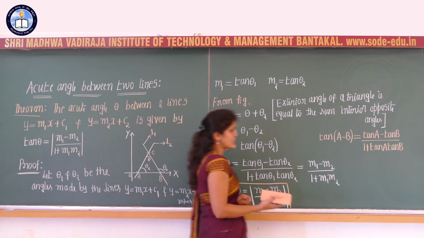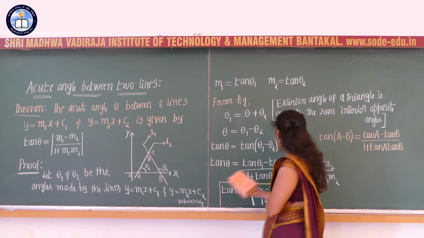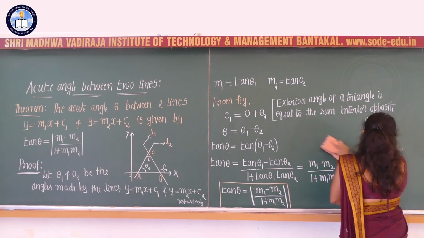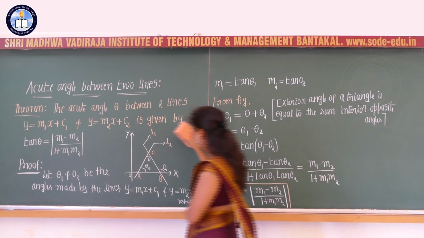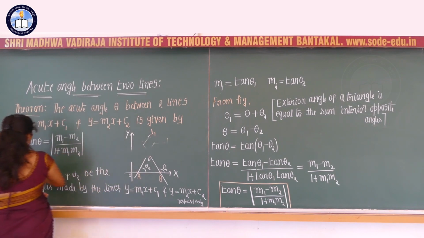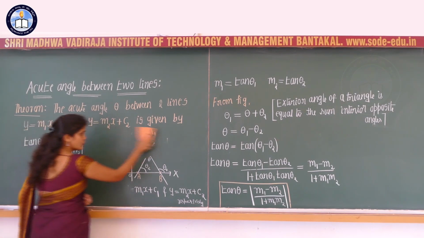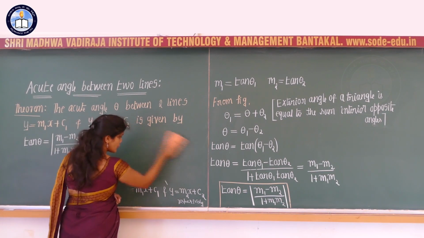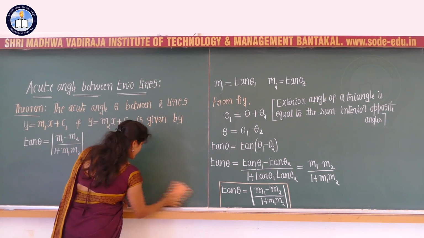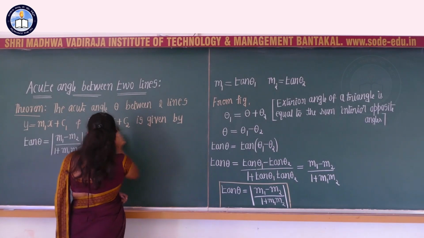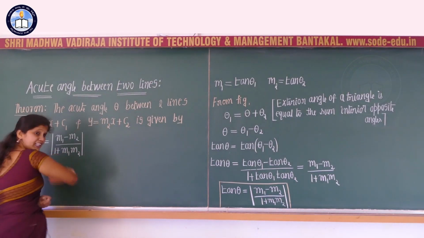So with respect to this result, I can consider some of the points, that is, what happens if theta is acute, and what happens if theta is an obtuse angle, etc. Let me consider some of the conditions.